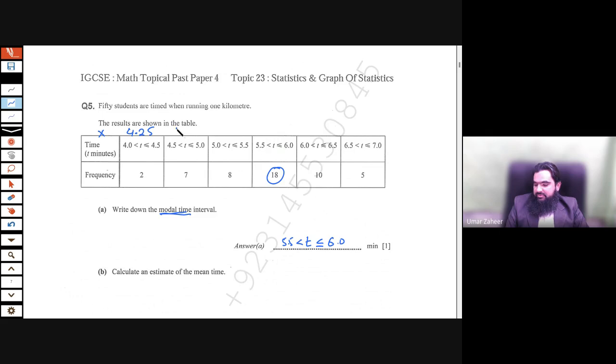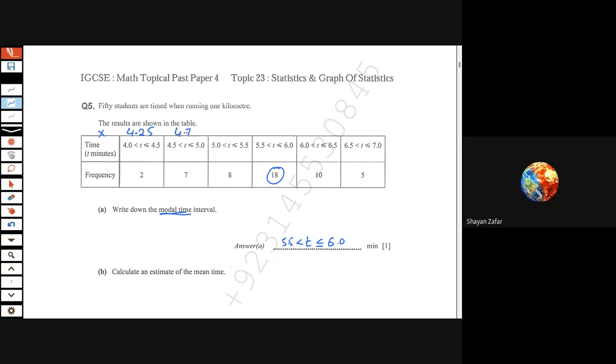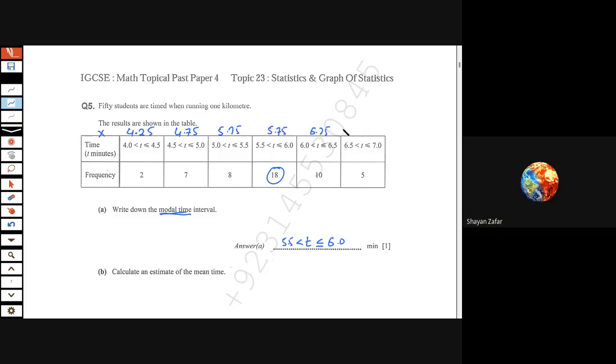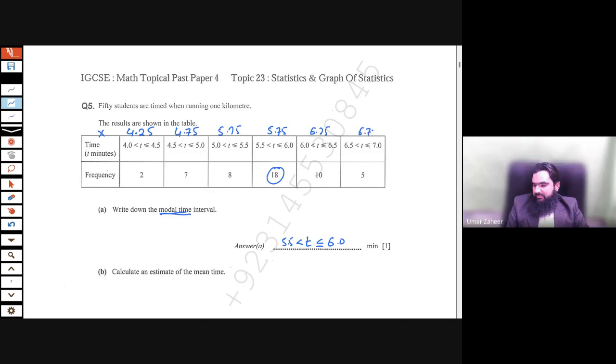In the same way, 4.75, 5.25, 5.75, 6.25, and 6.75.